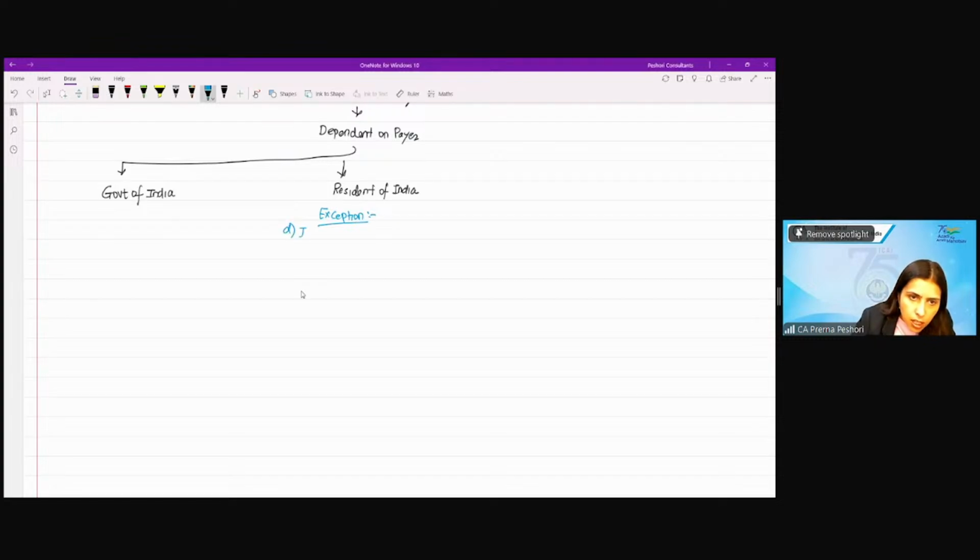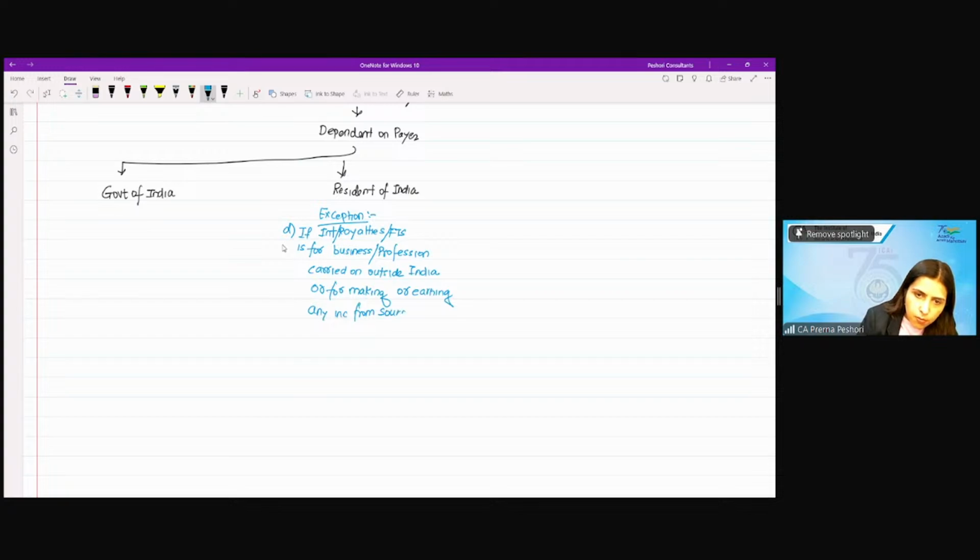So the exception is if the interest, royalties or the FTS is for business or profession carried on outside India, or for making or earning any income from a source outside India.